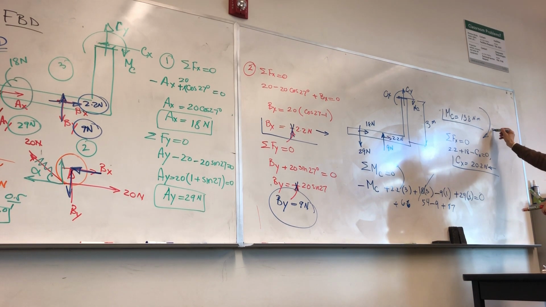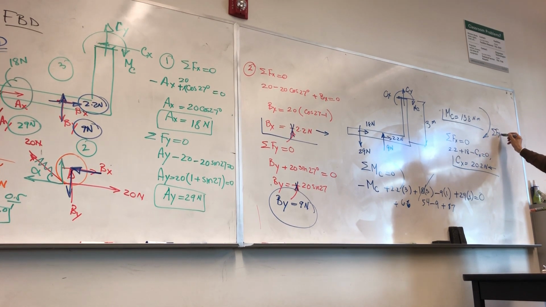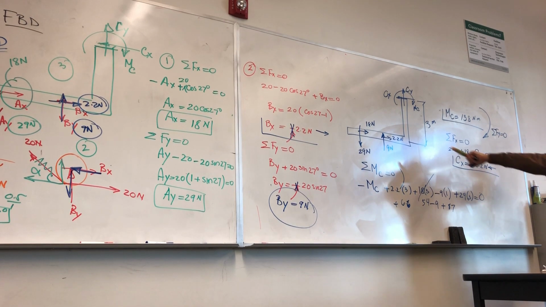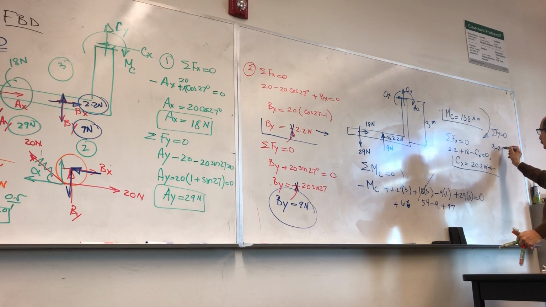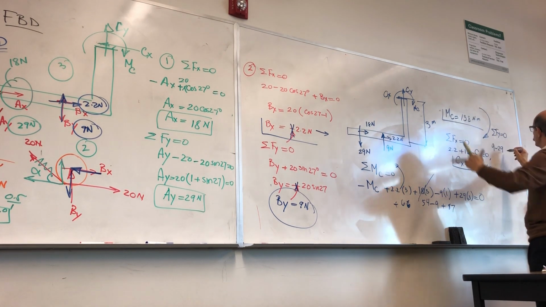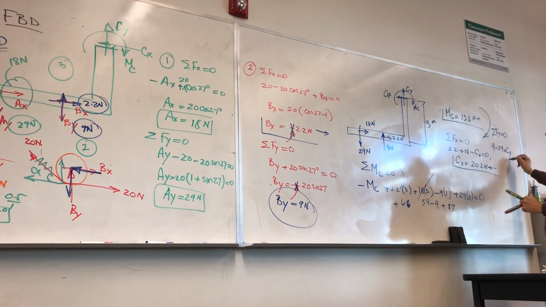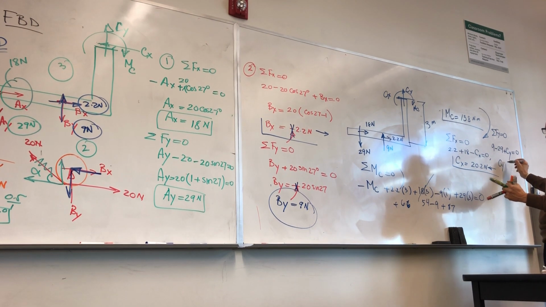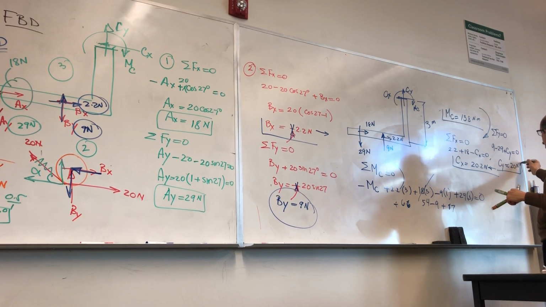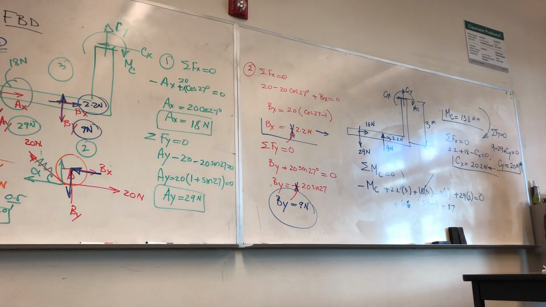And then summation of forces along Y equal to 0, so you have 9 minus 29, plus CY is equal to 0. CY comes out as almost 20 Newton, again positive, so the assumed direction is correct. Okay.